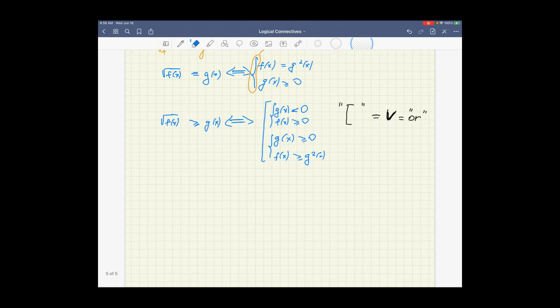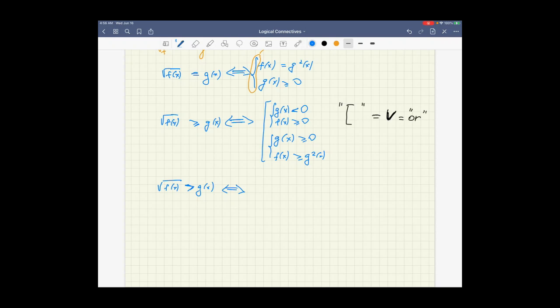Of course, if you are solving that inequality in the strict sense, root f is greater than g of x, you just need to amend the inequalities on the right accordingly.